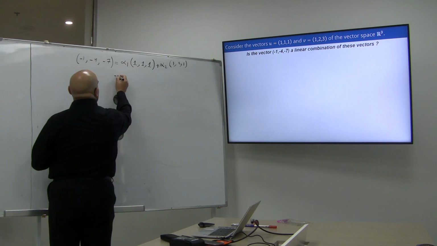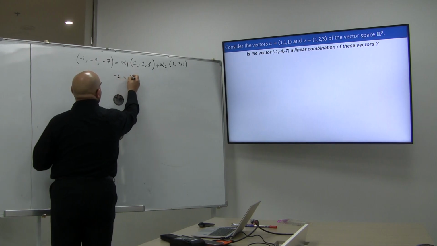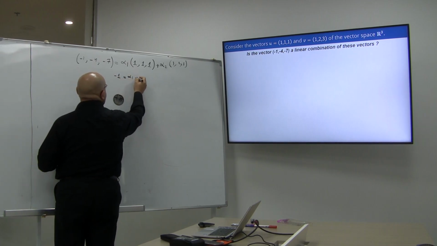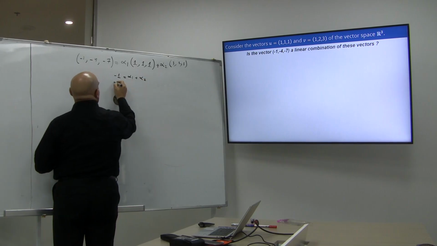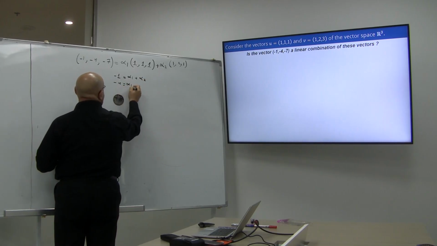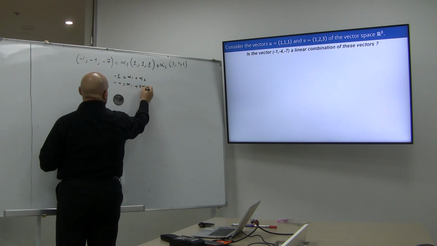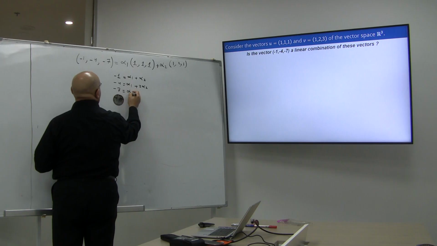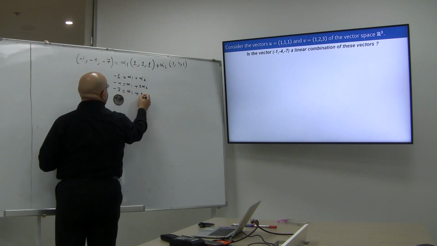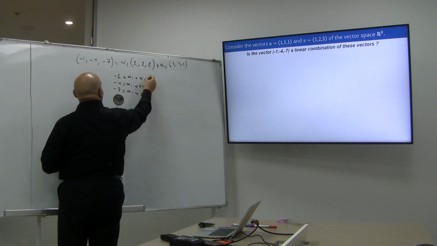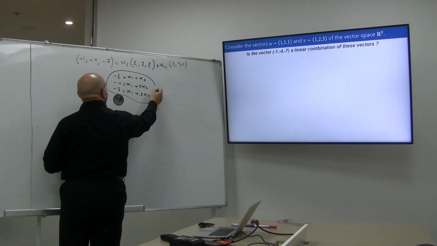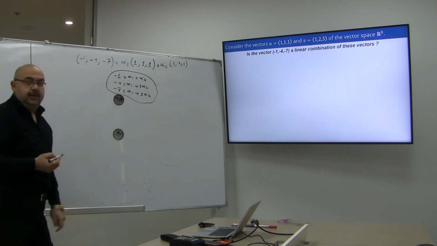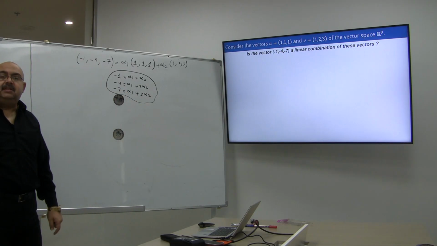This means -1 will equal alpha 1 plus alpha 2. And -4 should equal alpha 1 plus 2 alpha 2. And also -7 should equal alpha 1 plus 3 alpha 2. That's a system of equations. Can you solve it? Yes. Have you studied matrices?